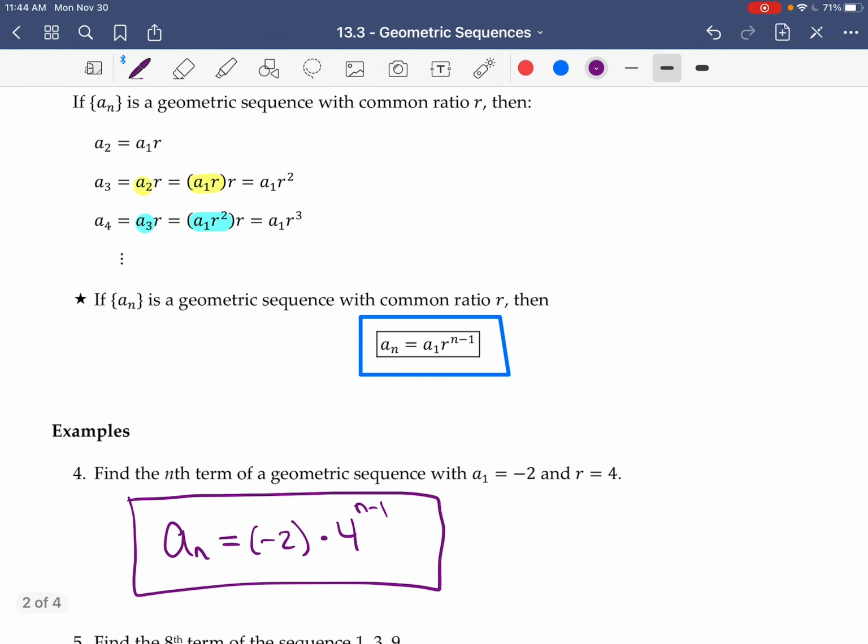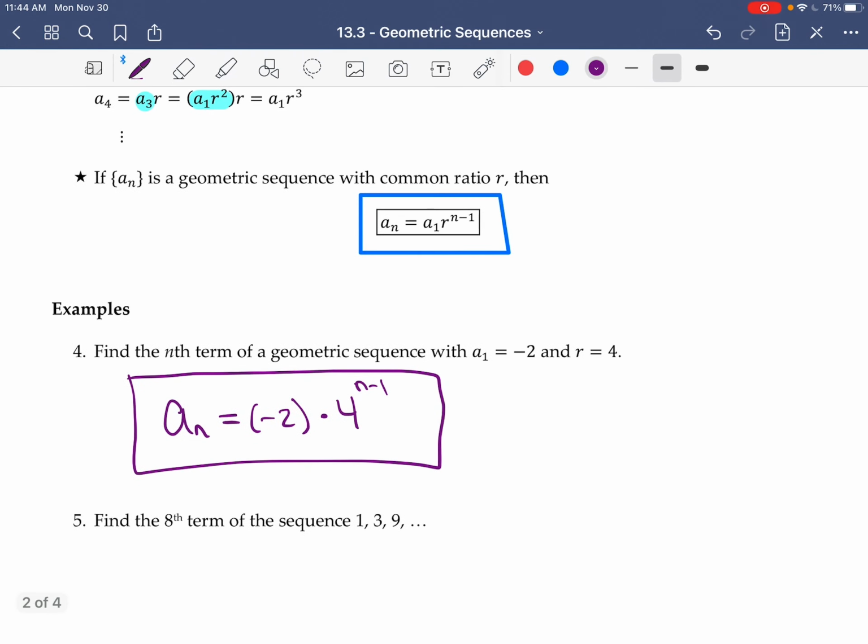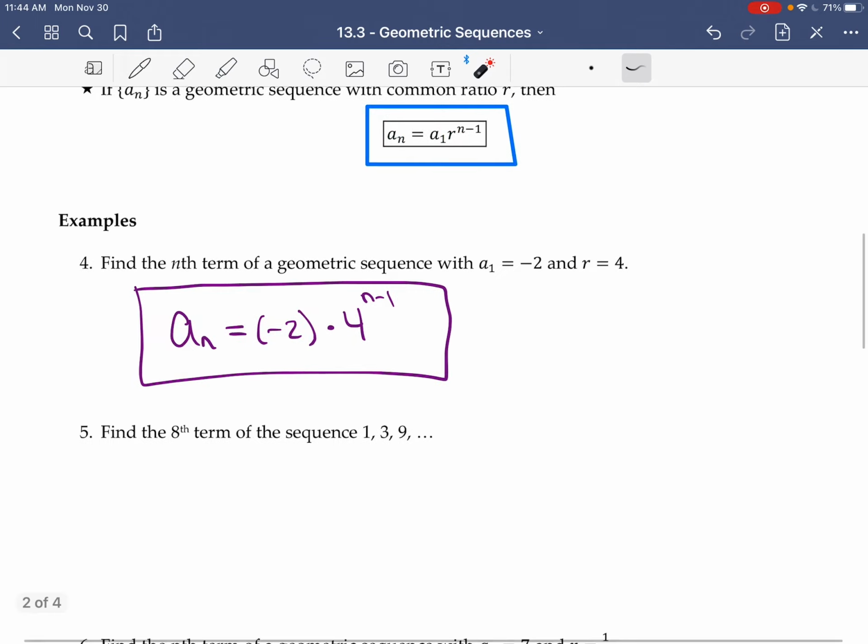Now in a geometric sequence, using the recurrence, you can simplify and easily come up with this closed form formula. The nth term is the first term times the ratio to the power n minus 1. So if I wanted to find the 8th term in this sequence, A1 is 1.